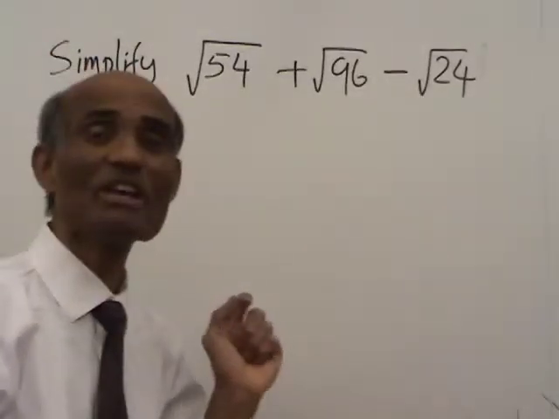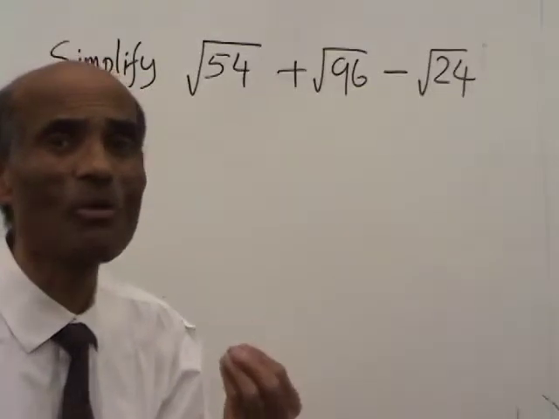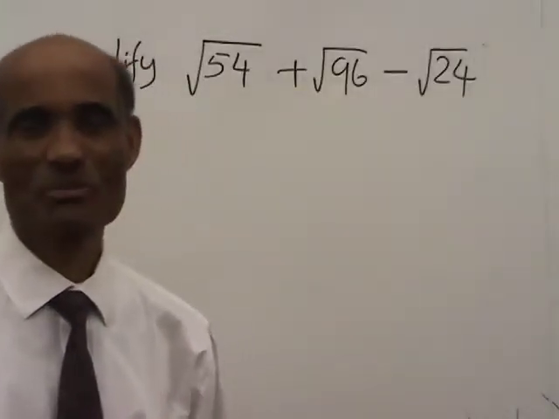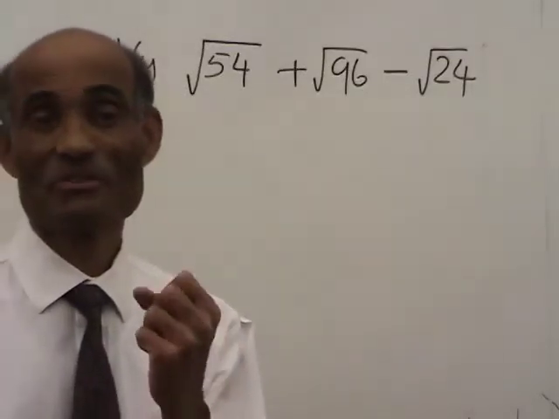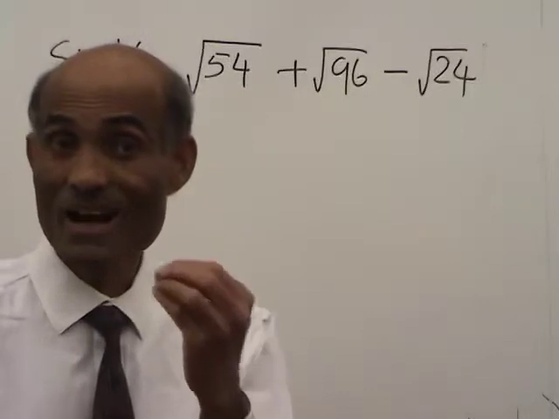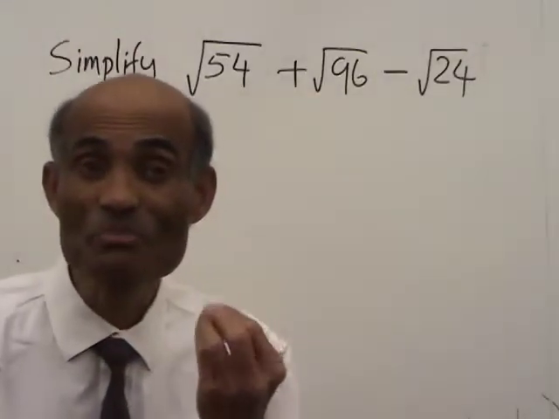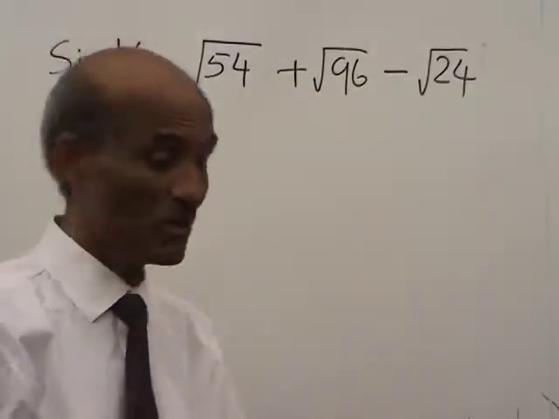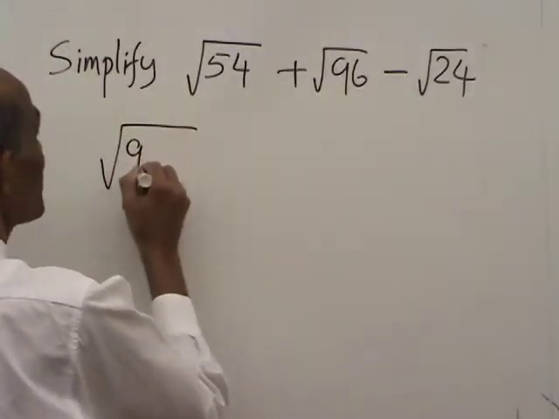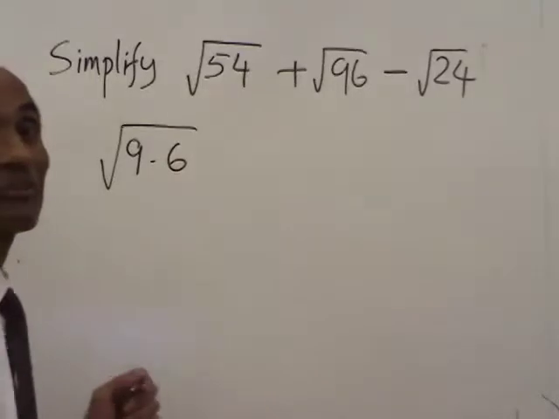Tell me, what is the highest perfect square in 54? You should know your tables to know that. 54 is 9 times 6. 9 is the perfect square there. So, we will write square root of 54 as square root of 9 times 6.